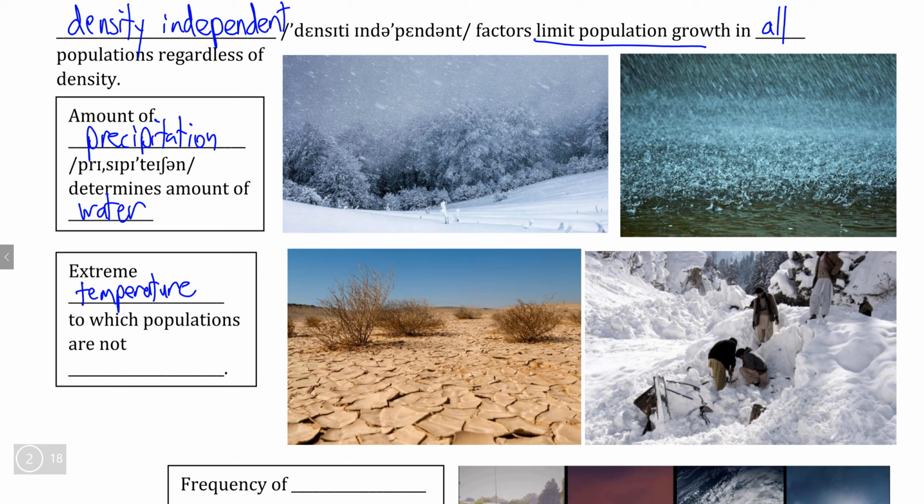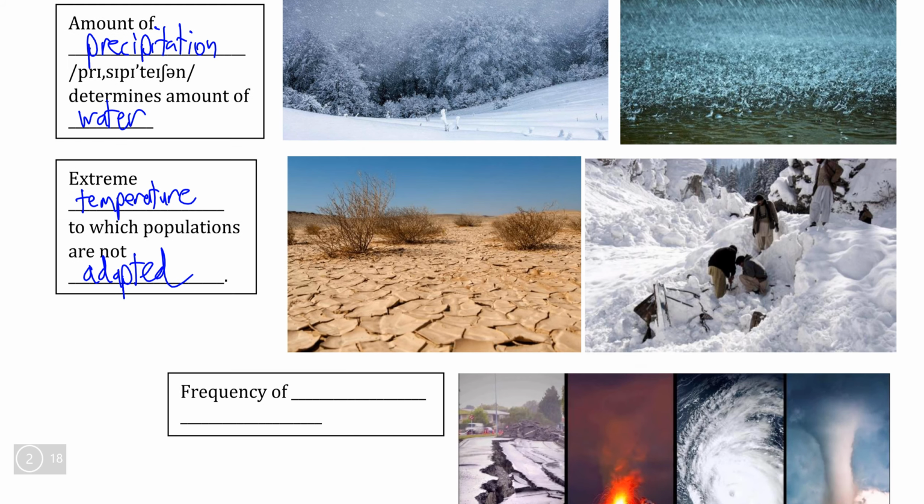So the ability of a population to be adapted to a specific temperature condition has basically nothing to do with their population density. A small population that is poorly adapted to living in a desert will die just as easily as a large population will.